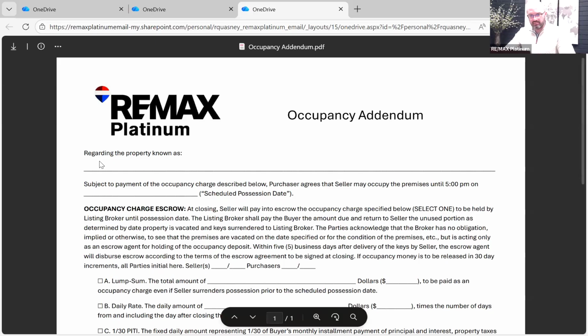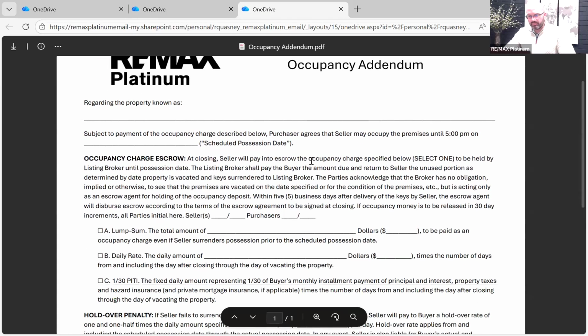So, occupancy addendum regarding the property known as, put in the address, subject to payment of the occupancy charge described below, purchaser agrees that seller may occupy the premises until 5 p.m. on blank date.